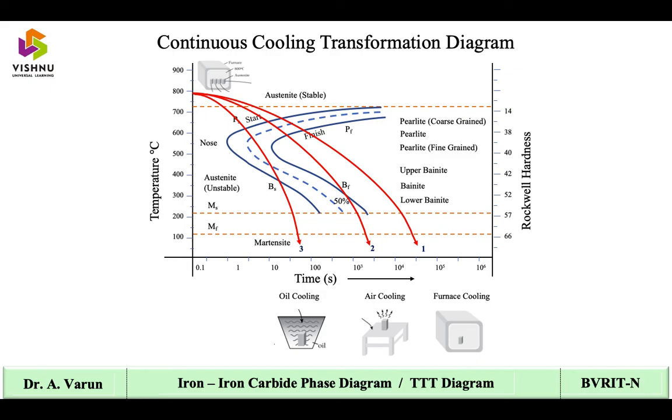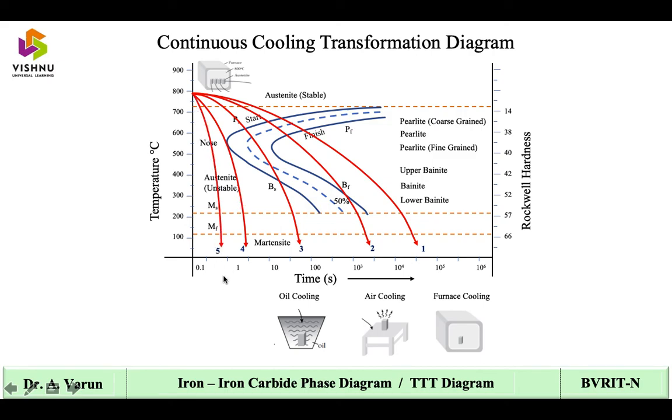I may also use oil cooling, where I take it out of the furnace and dip it in an oil medium, which cools it at a medium cooling rate. Then you also have one cooling rate where it exactly touches the nose portion tangentially. This is something important, and we'll come back to that.